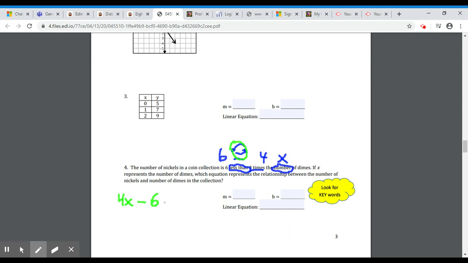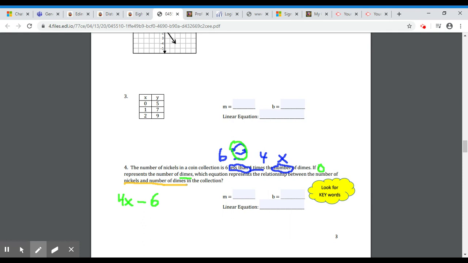So if x represents the number of dimes, and which equation represents the relationship between the number of nickels and dimes? So they want to know the relationship between nickels and dimes.